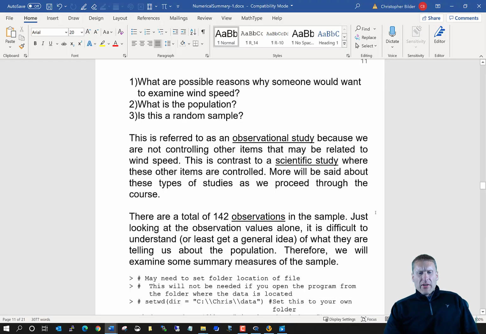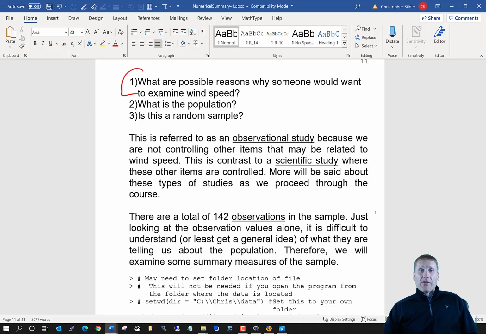Why would someone be interested in something like this? Who cares about the wind speed? Is it because you're worried that when you walk to campus every day, if it's too windy, your hair might get messed up? I guess that might be one reason. But really, I think the main interest, especially nowadays, is with respect to wind power.